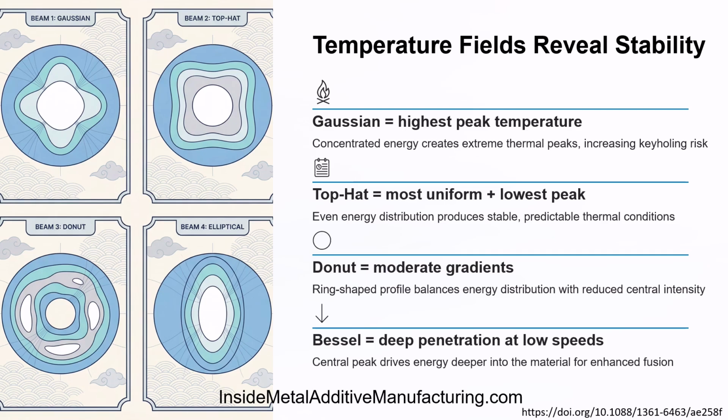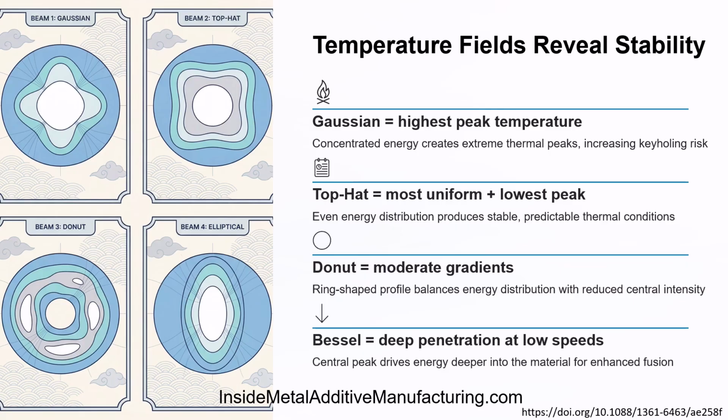When temperature fields are examined directly, the influence of beam shape becomes unmistakable. Gaussian beams generate the highest peak temperatures and the steepest thermal gradients, often exceeding vaporization thresholds at the melt pool center. Top hat beams, in contrast, produce lower peak temperatures and a much more uniform thermal field, keeping the process firmly in conduction mode and reducing instability. Donut beams moderate central overheating while maintaining adequate penetration, leading to improved melt pool stability.